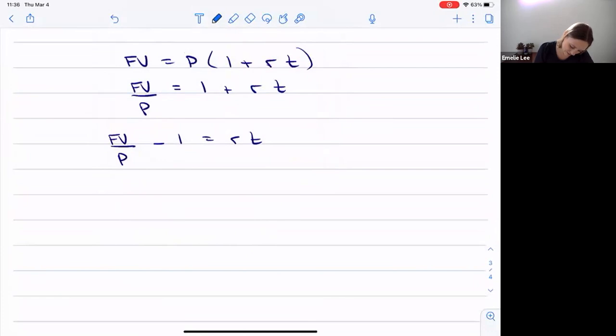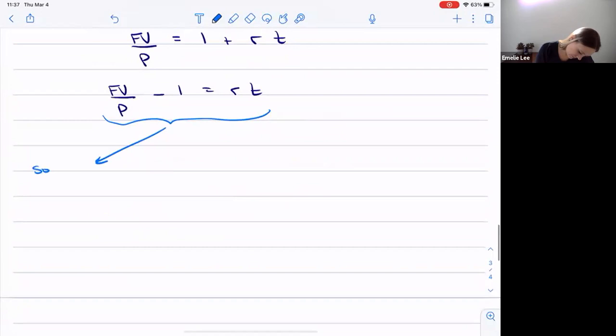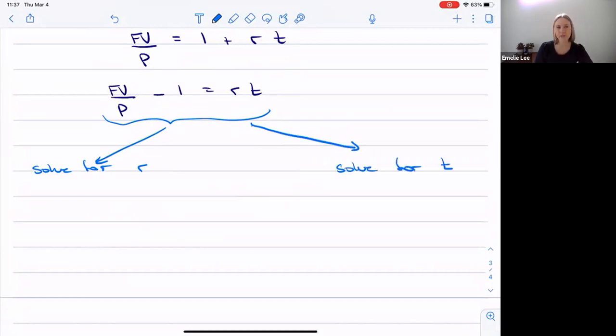So here solve for R, and then over here, we'll solve for T. Same steps up until that point. Solving for R, I need to divide by T, so this becomes the future value over P minus 1, all divided by T equals R.